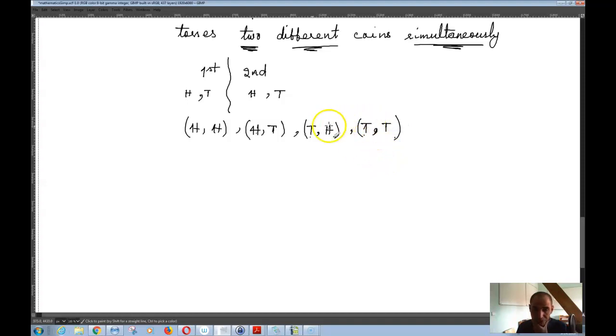So these are the four different outcomes of this experiment, tossing two different coins simultaneously. So in total I have four different outcomes.